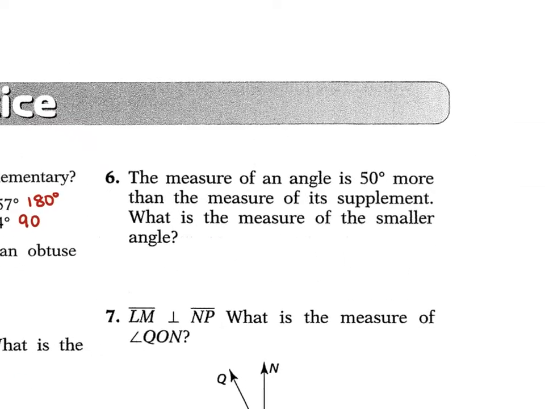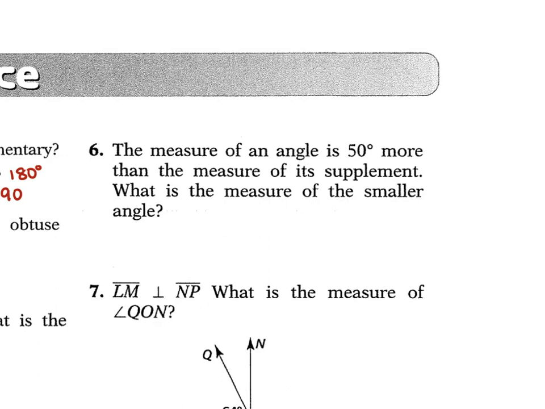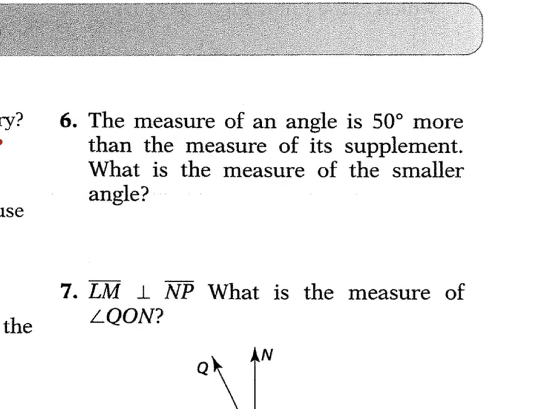All right, so for 6, it says the measure of an angle is 50 degrees more than the measure of its supplement. What is the measure of the smaller angle? So that means that if they're supplementary, they equal 180, so it's x plus x plus 50 equals 180. So that gives us 2x plus 50 equals 180.